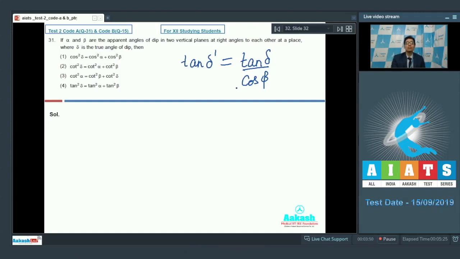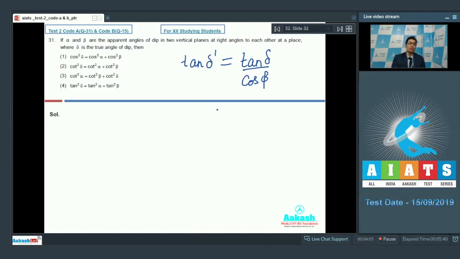Herein, let us assume that one plane makes an angle phi. Since the next plane is at an angle of 90 degrees with the first plane, the next plane must make an angle of 90 minus phi with the magnetic meridian.